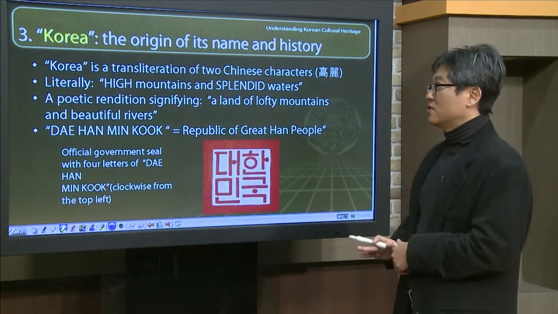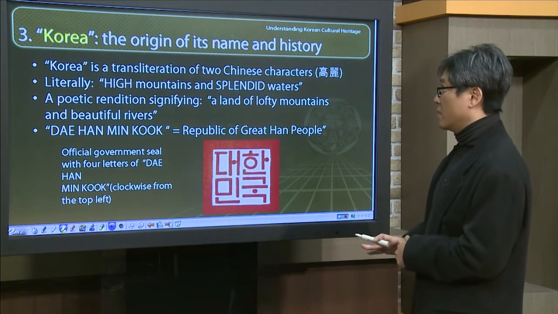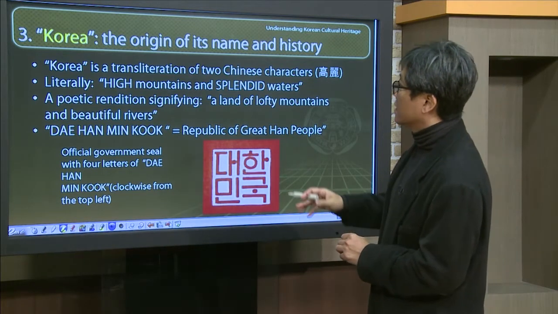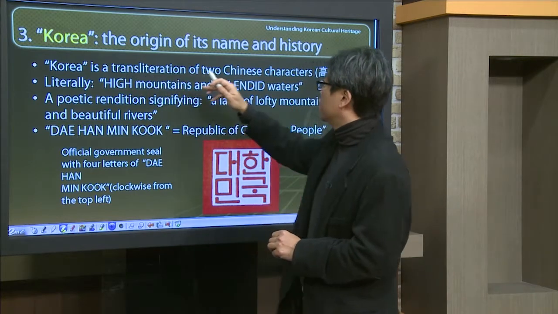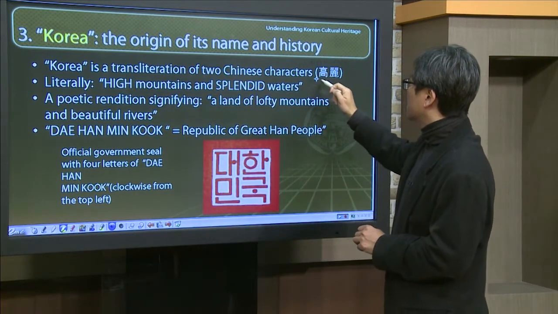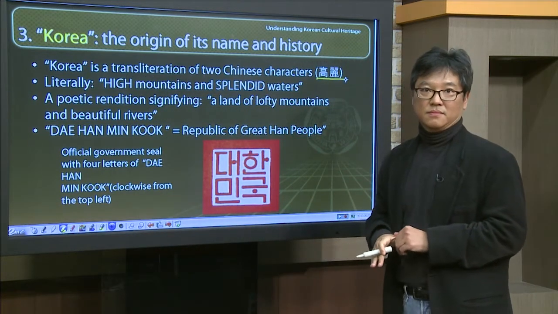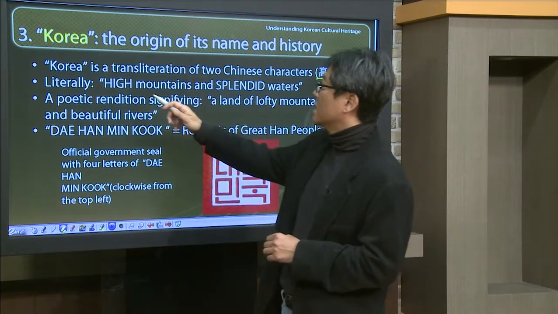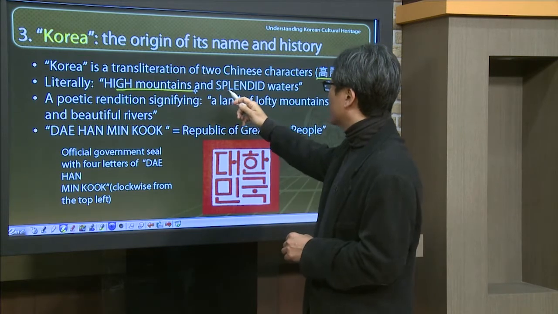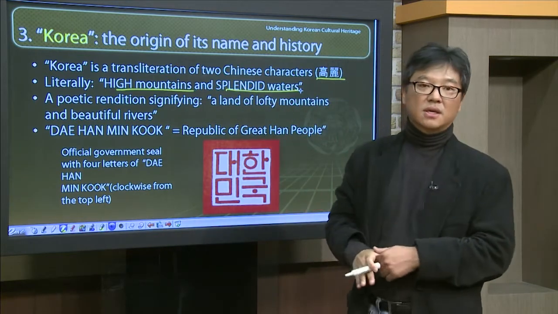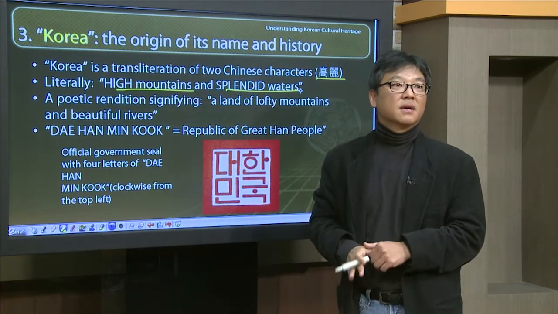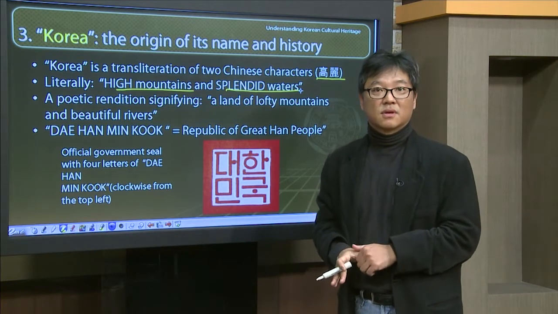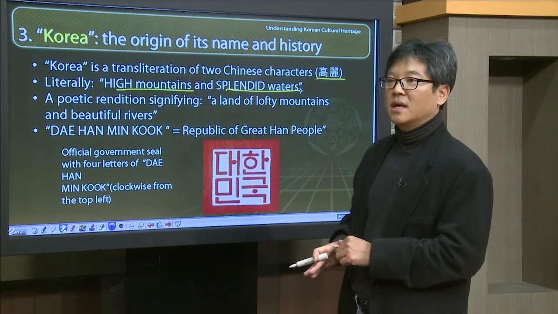Now, interesting and obvious questions. Why is Korea called Korea? It's basically a transliteration of two Chinese characters. It literally means high mountains and splendid water. Actually, Korea is a very mountainous country with a lot of hills.